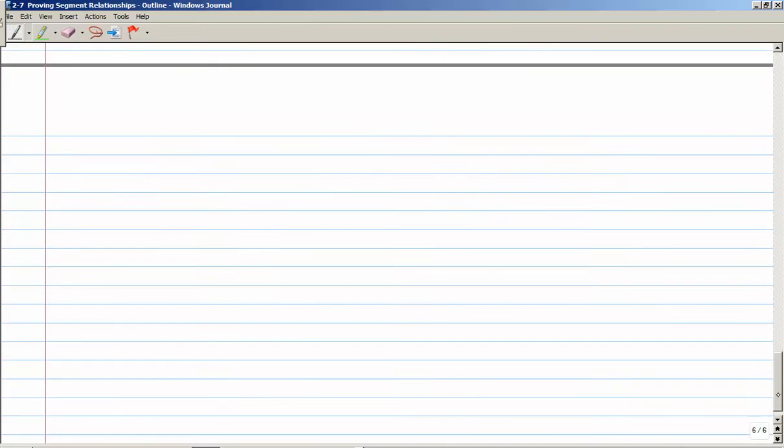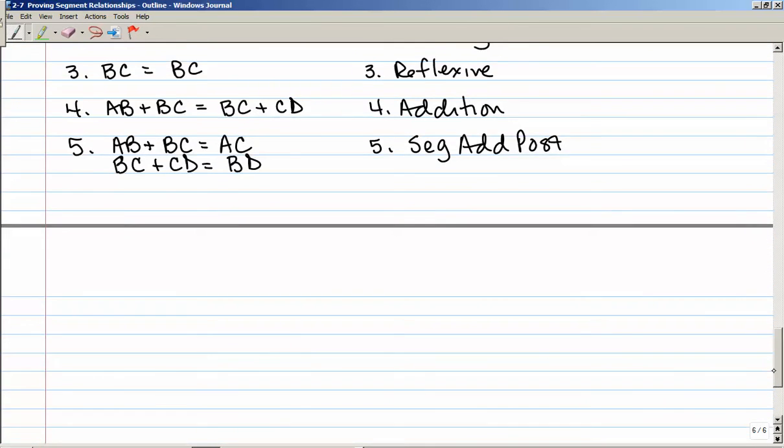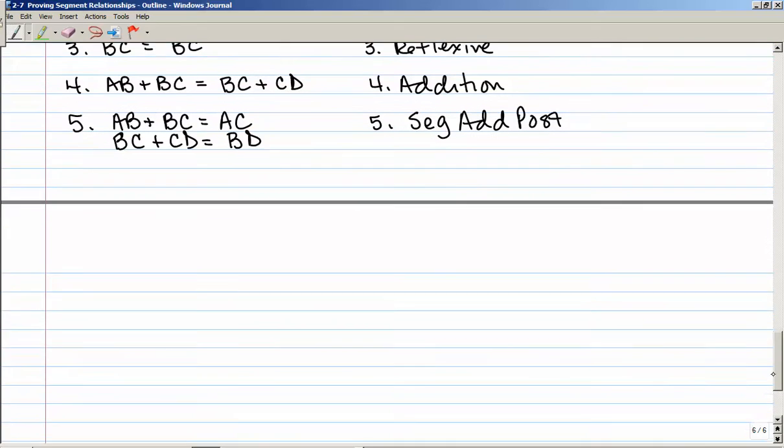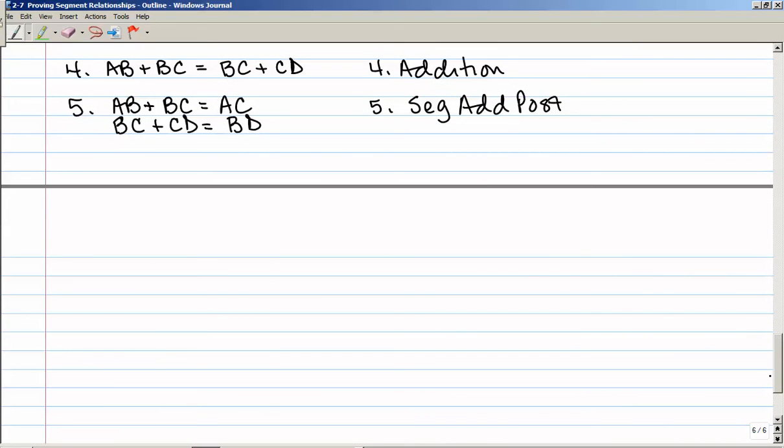Okay. And maybe you can start to see where I'm going with this. I think I can use those. So again, I'll go to my purple and pink pens here. There's an AB plus BC, and AB plus BC is equal to AC. There's a BC plus CD, and I know by segment addition postulate that's equal to BD.